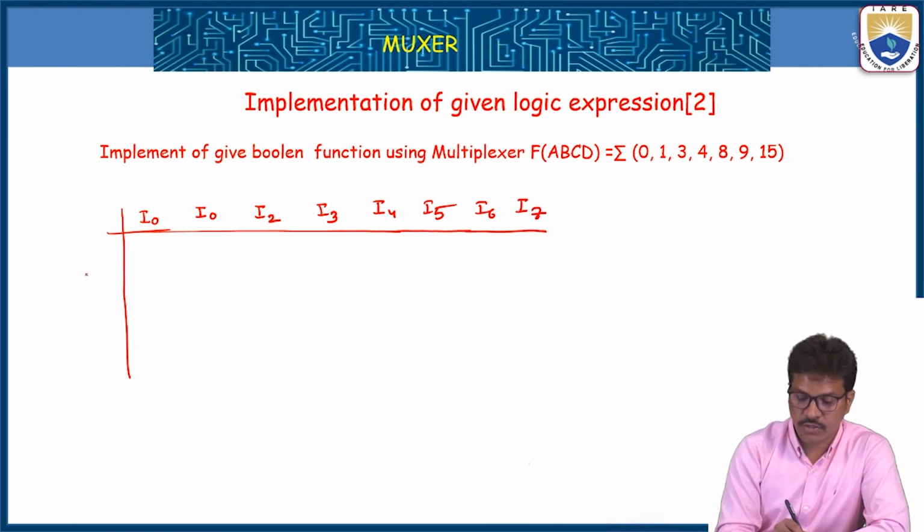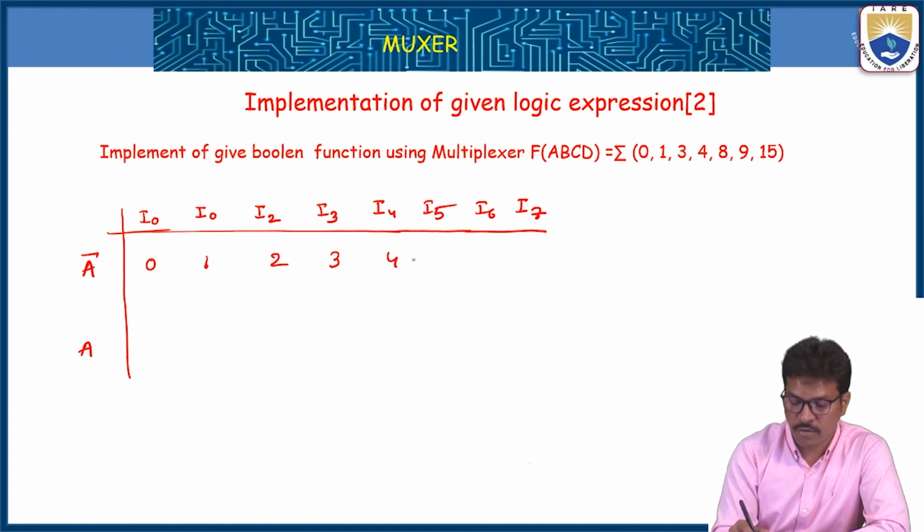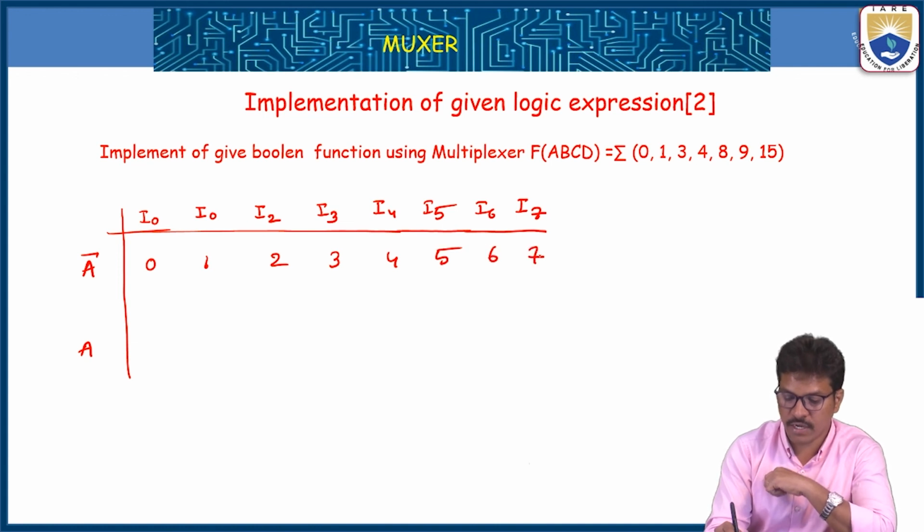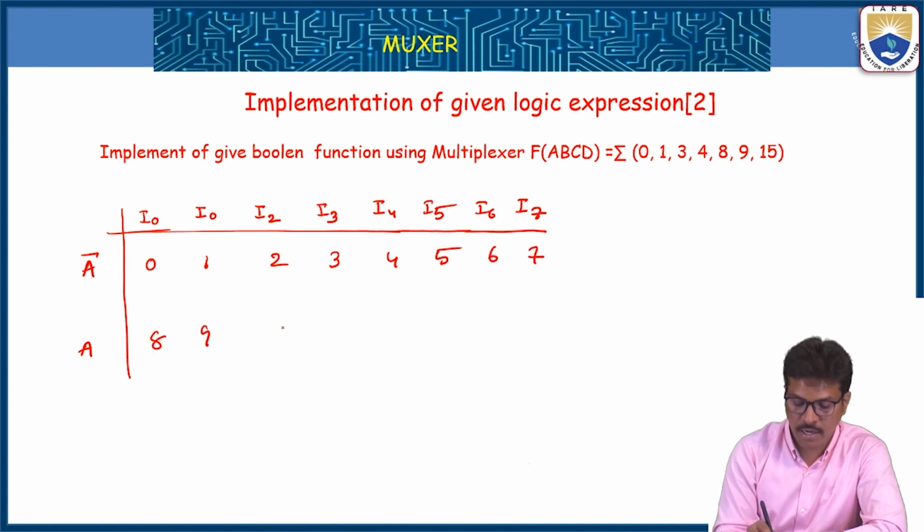Okay. So then I am taking A bar and A as the inputs. So BC, if you take that one, in order 0, 1, 2, 3, 4, 5, 6, 7, 8, 9, 10, 11, 12, 13, 14, 15.